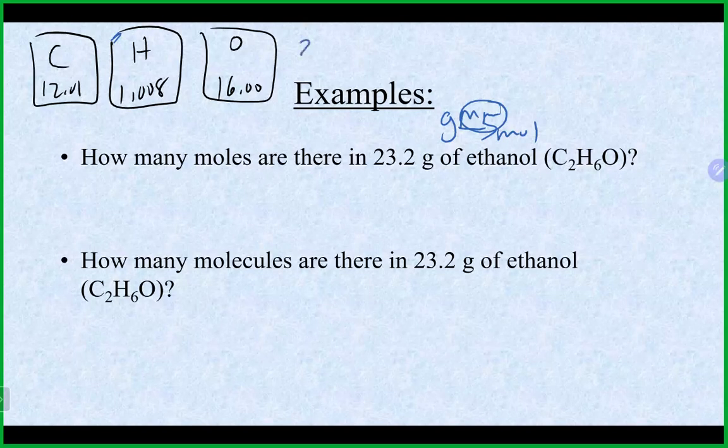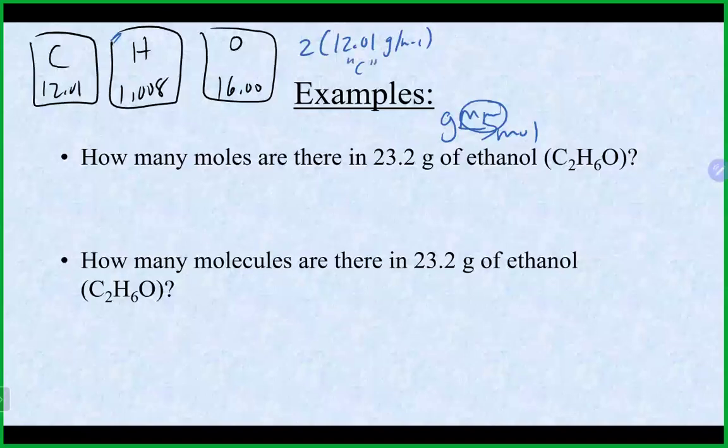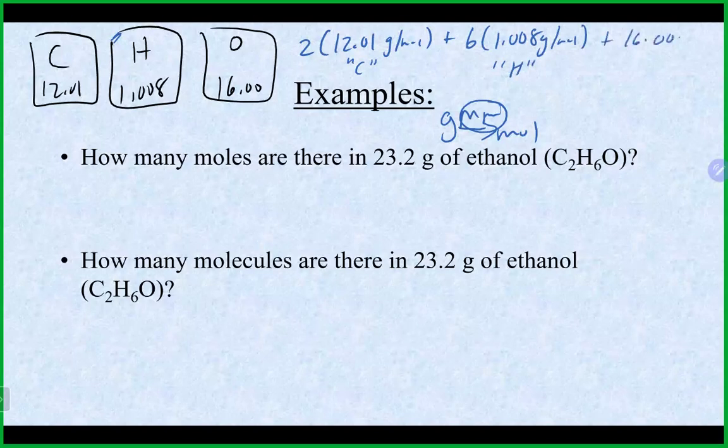We have 2 carbons, each at 12.01, and 6 hydrogens, each at 1.008, and our 1 oxygen at 16 in this case. That's going to give us 46.07, I believe, grams per mole as our molar mass from the periodic table. Any questions on that there?